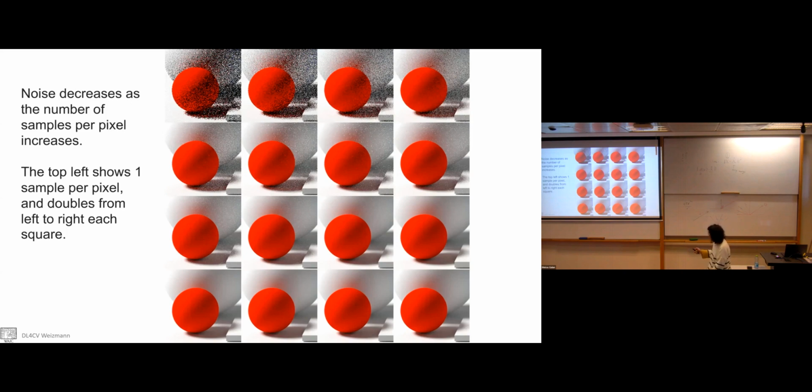So this is a rendering, and in the first image there is one sample per pixel, and it looks like this. And then the number of samples is doubled, okay, and then it becomes better and better, and this is the Monte Carlo rendering till you get this image. But now it takes time. It's not a direct solver.